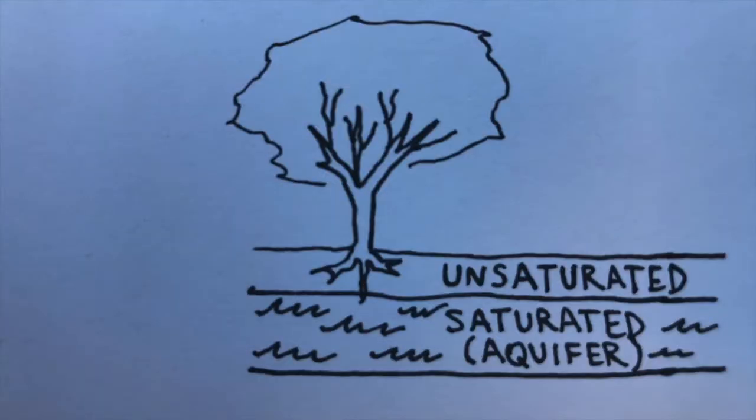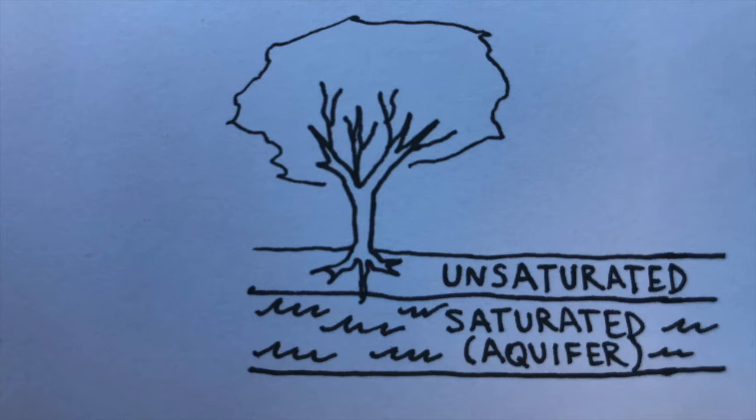Let's get started. These are the different underground zones when we're talking about groundwater: the unsaturated zone and the saturated zone, or the aquifer. The unsaturated zone has no water in it, whereas the saturated zone still has soil, but there is water all in between the particles.